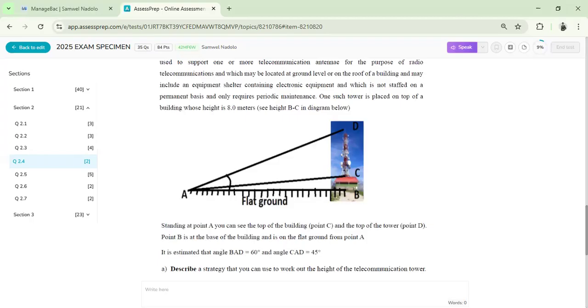One such tower is placed on top of a building whose height is 8.0 meters.